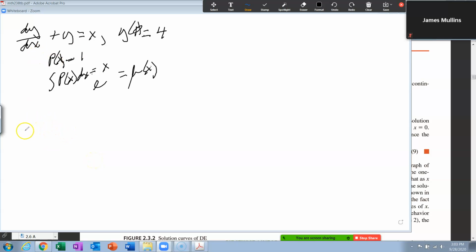So this gives us e to the x dy/dx plus e to the x y equals x e to the x. I knew it was in there somewhere.